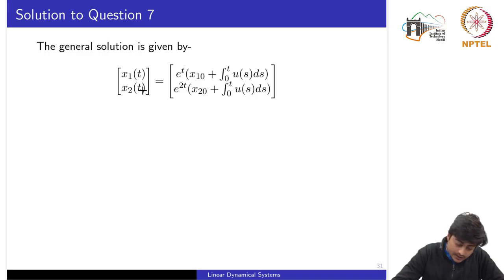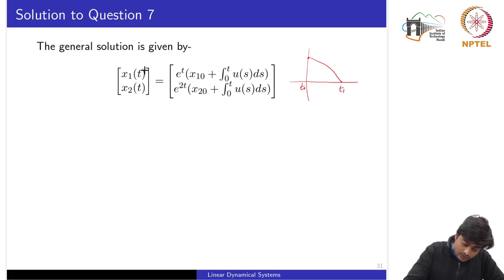Now if you recall the definition of controllability, it says that from some non-zero value, let's say this time is t0 and this time is t1, we need to reach the origin at t equal to t1 from some non-zero initial conditions x10 and x20.